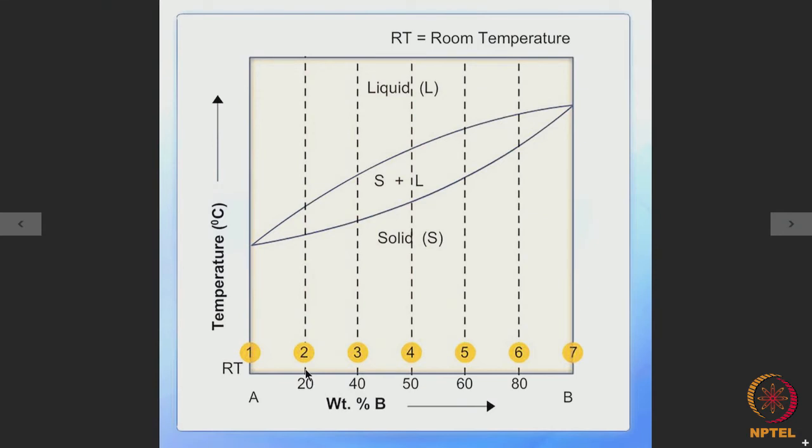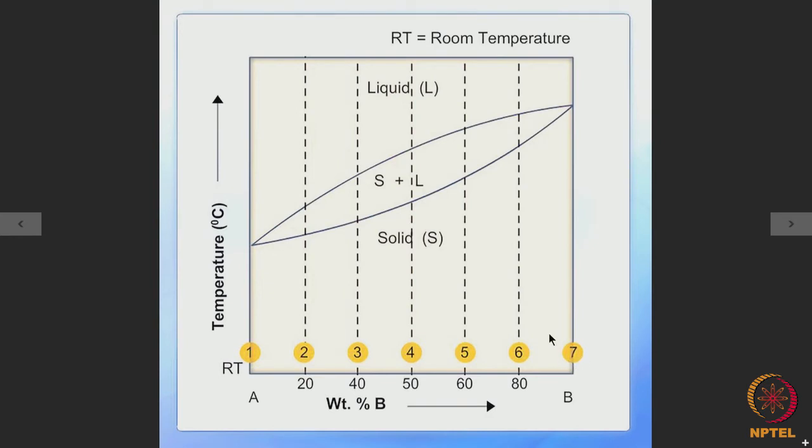The lattice parameter will be higher than in the case of A, although the crystal structure everywhere is the same. This one will have a still higher lattice parameter because more of the large atom B is present, and this one still larger, and so on.